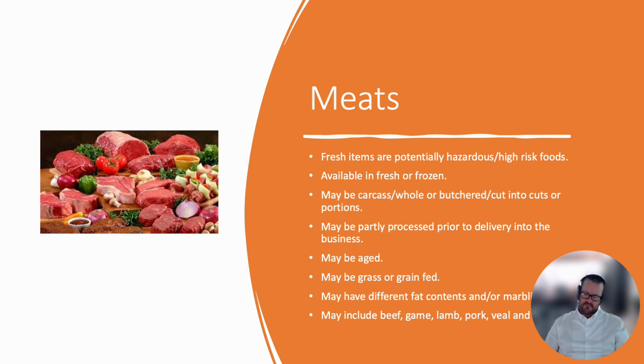Yeah, you can get butchered or portion cuts, or maybe even larger pieces that then need to be trimmed down into smaller pieces. So primal cuts, secondary cuts is that terminology. Yeah, depending on where you work is going to determine how processed the product is.